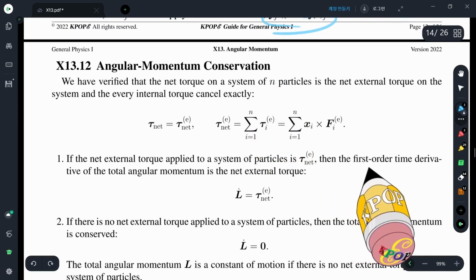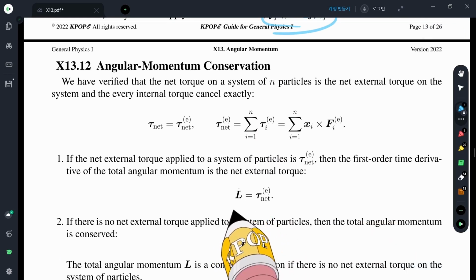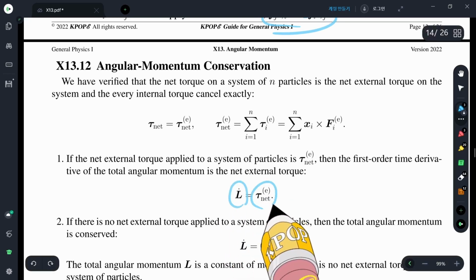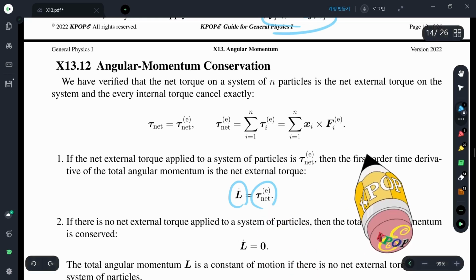The angular momentum conservation derives from this formula. The total angular momentum's time derivative is the net torque, and the net torque must be external. Internal torque does not contribute at all as long as the internal force is central.